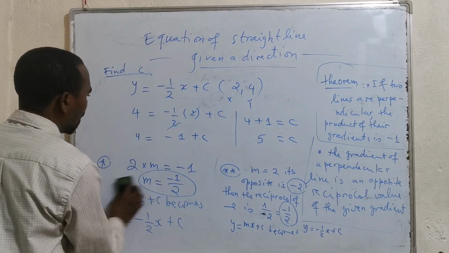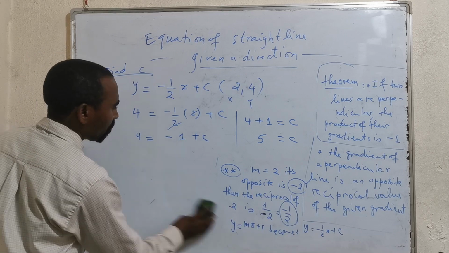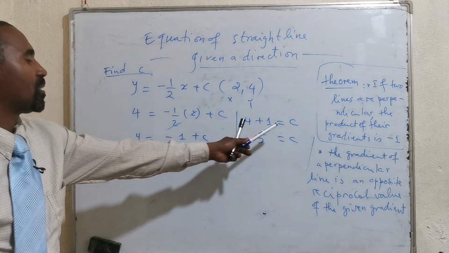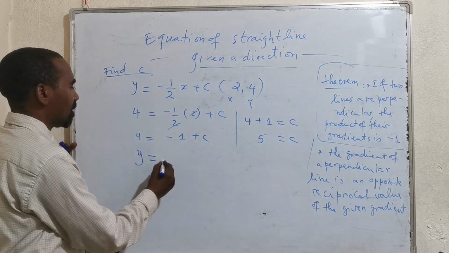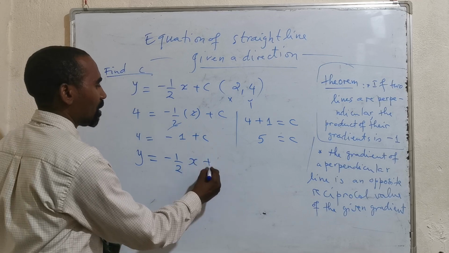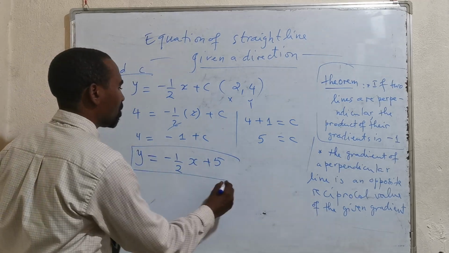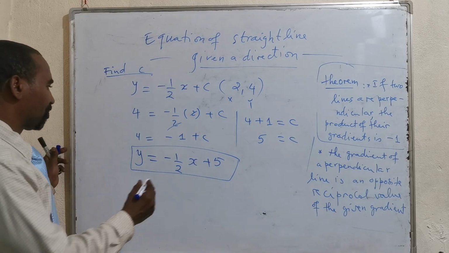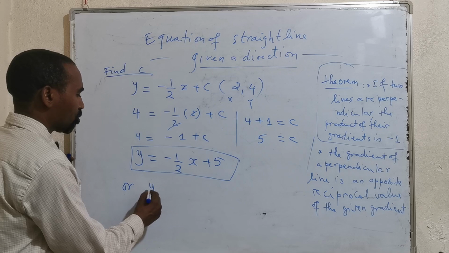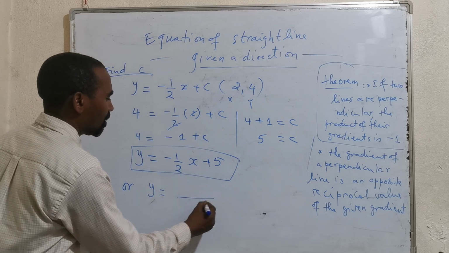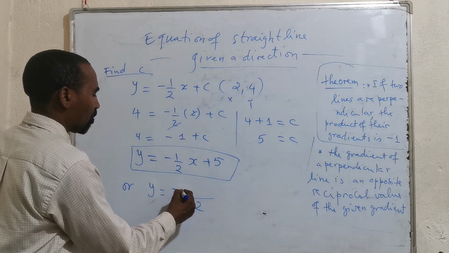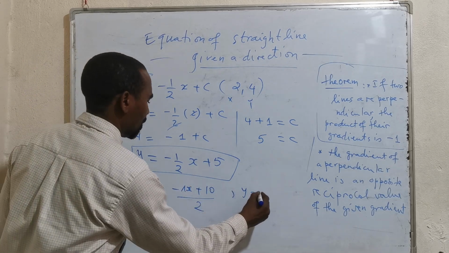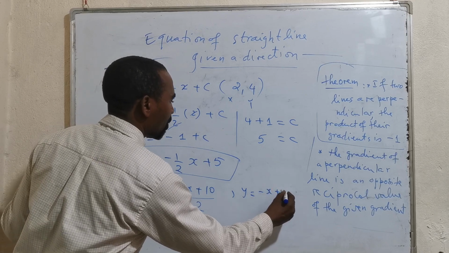After getting c, we replace it in the equation. We get y = -1/2 x + 5. This is the equation of the line. But this final equation can have different forms. Other people prefer to put it on a common denominator: y = (-x + 10)/2.